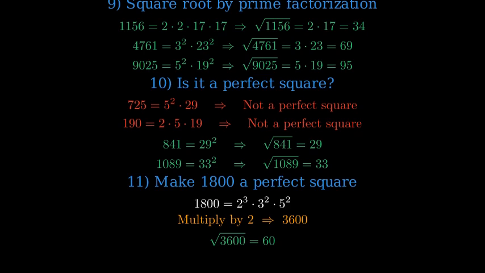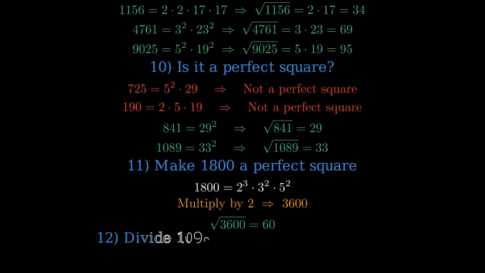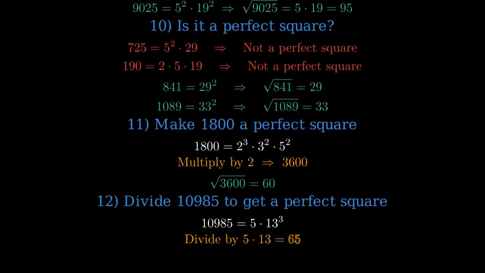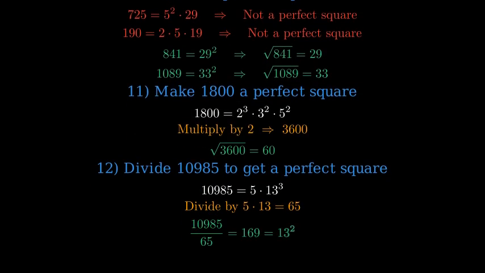The new number is 3600, and its square root is 60. Problem 12. Find the smallest number to divide 10,985, so the quotient is a perfect square. Factor. The number equals 5 times 13 cubed. To leave only pairs, divide by 5 times 13, which is 65. The quotient is 169, a perfect square.